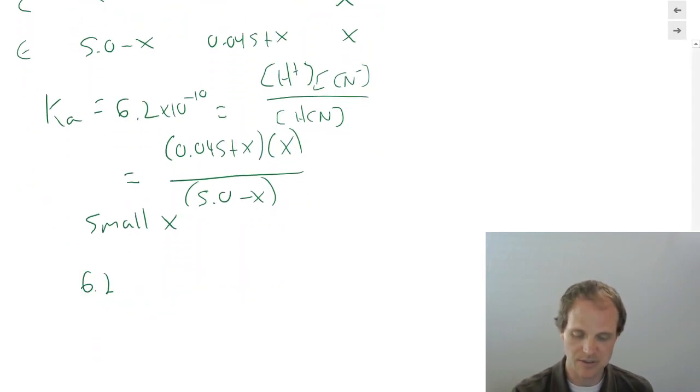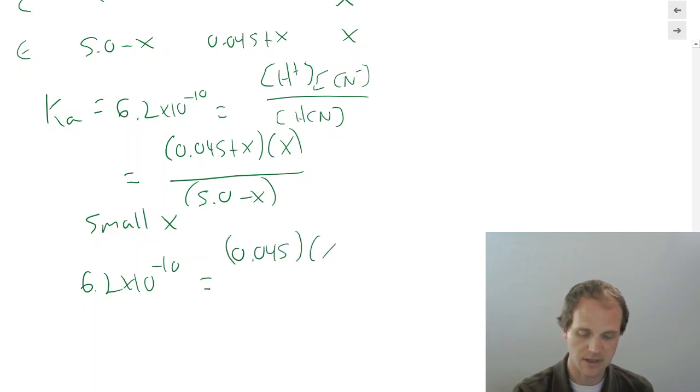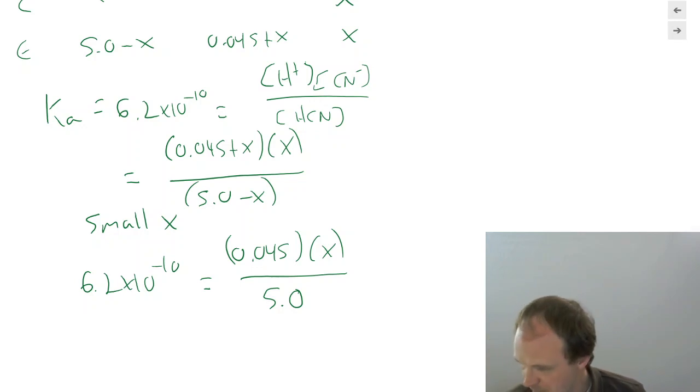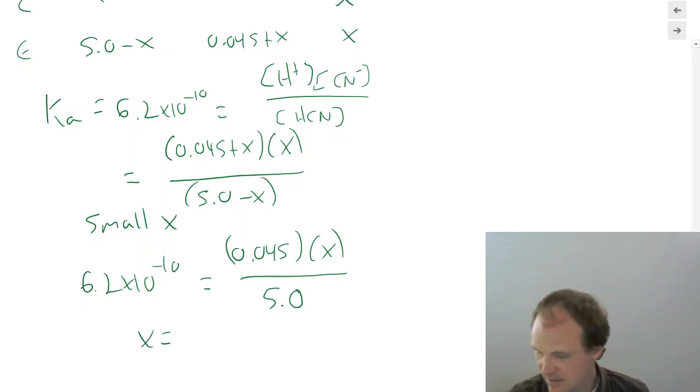And we get 6.2 times 10 to the minus 10 is equal to 0.045 times x over 5.0. Wow, there's not even a square anymore. That's cool. We took out our square entirely. And so you get that x is equal to 6.89 times 10 to the minus 8.